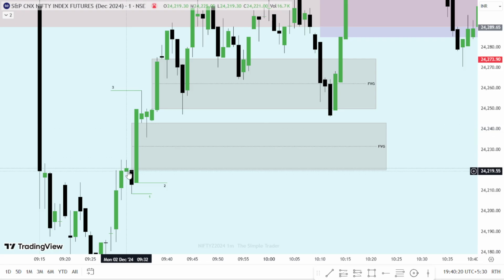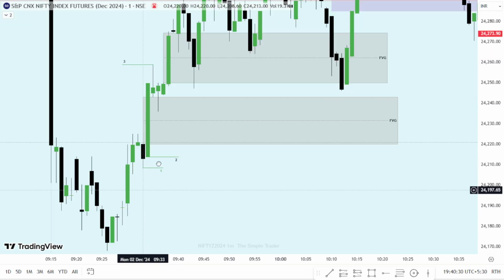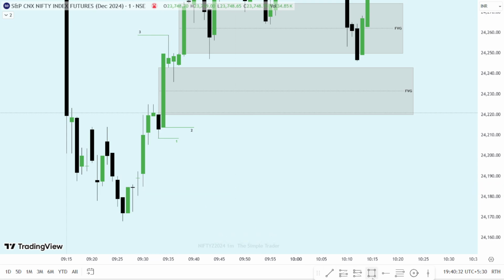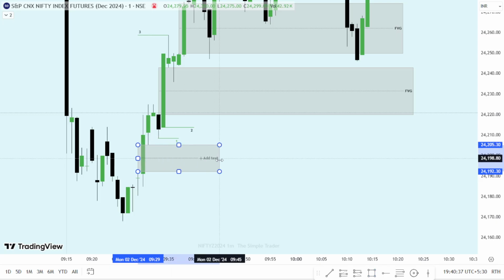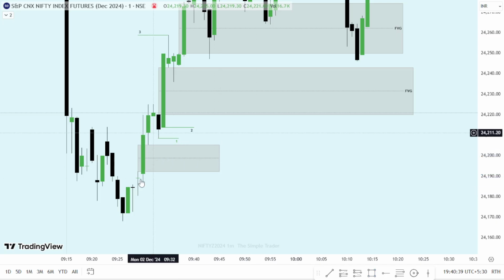Okay, so you can't say that these three candles form a fair value gap, because there is no gap between the third candle's low and the first candle's high. This can again be a bullish fair value gap. So you get the point, right?